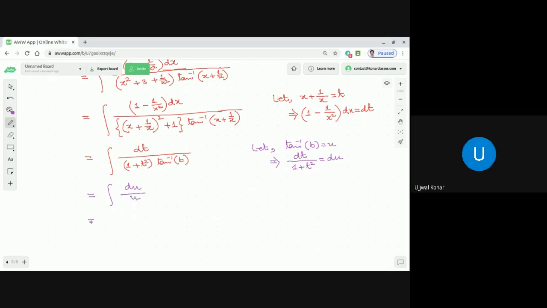And we know what is the integration of du by u. Who can say?